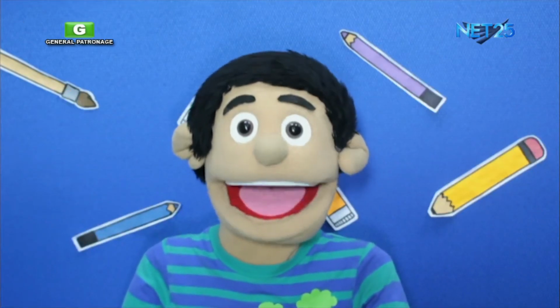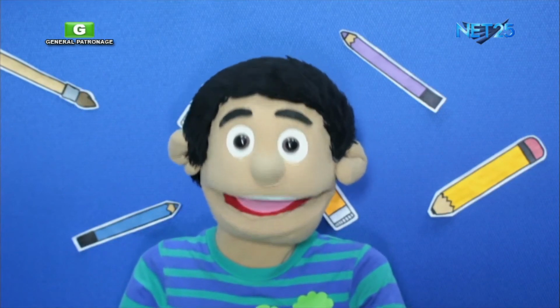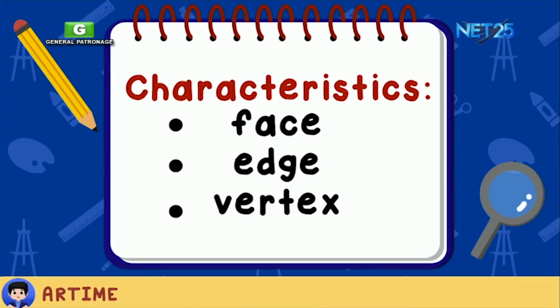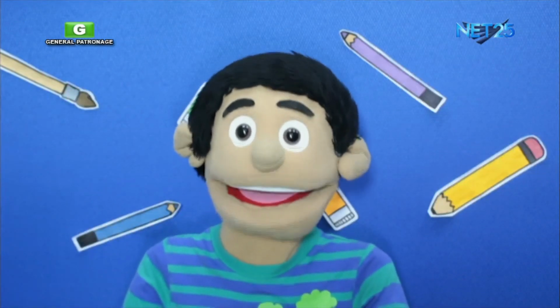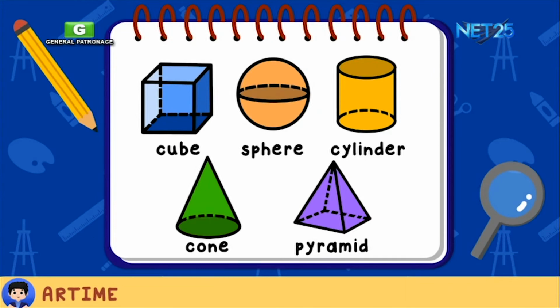A 3D shape has three characteristics: face, edge, and vertex. There are 5 basic 3D shapes: cube, sphere, cylinder, cone, and pyramid.